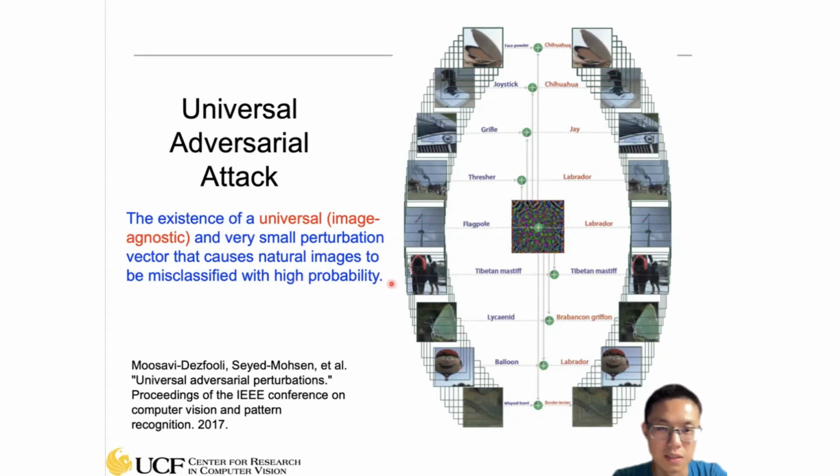Basically, it means a universal, image-agnostic perturbation that, when added to natural images, will cause misclassification of these perturbed images. Okay, so in this paper, they show that this universal adversarial perturbation is possible. So we can optimize the procedure and only generate a single perturbation, and with this perturbation, it can be very successful for different images.